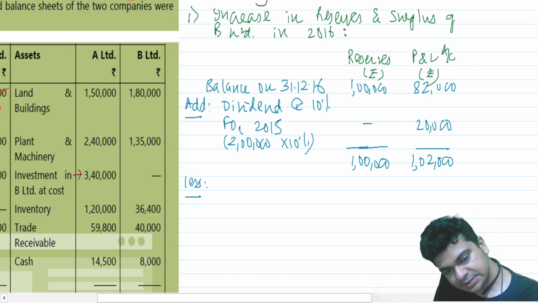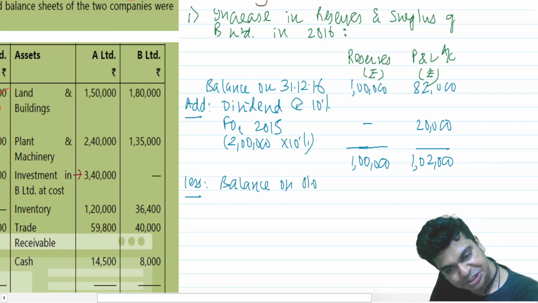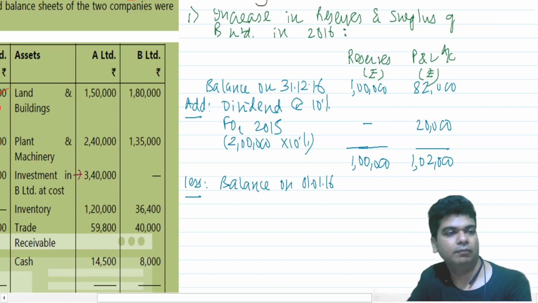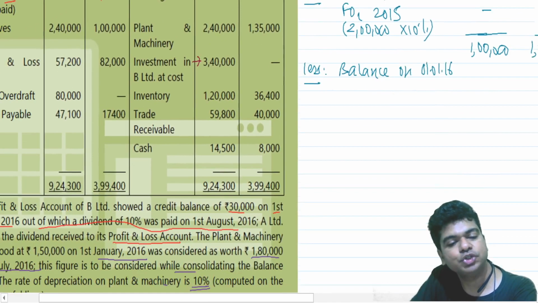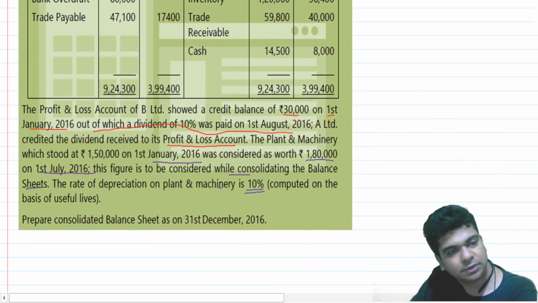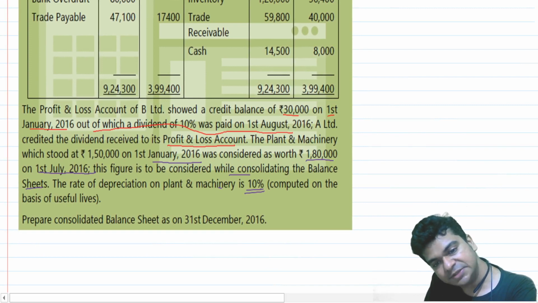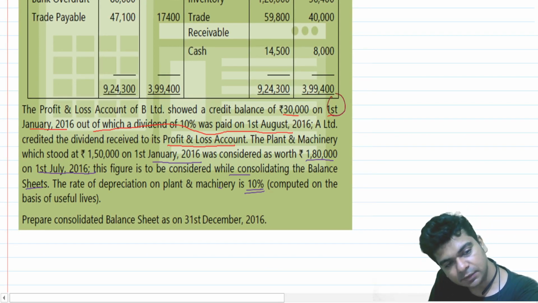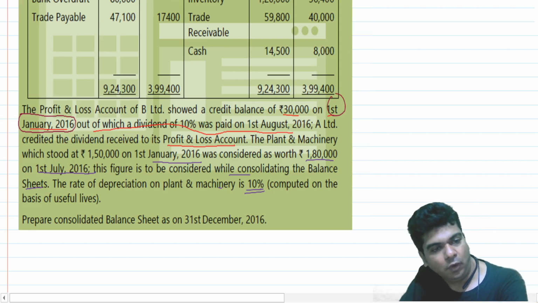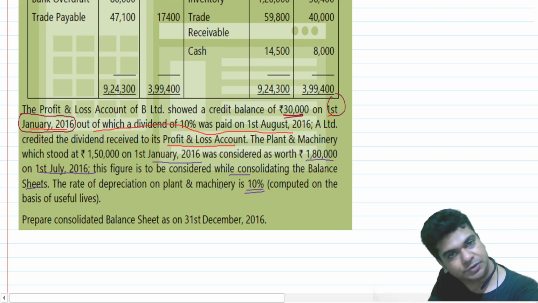And then we say less balance on 1st January 16. We are buying shares on 1st July, but they are not giving us the opening balances on 1st July. They are giving us the balances on 1st January 2016. They are saying that the P&L of B Limited showed a credit balance of 30,000.